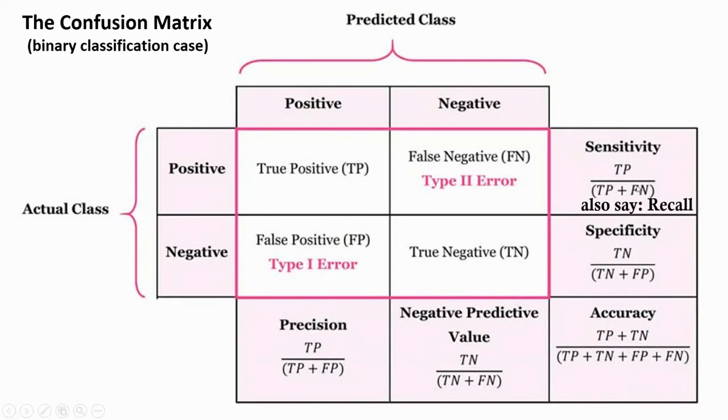See, sensitivity or recall is associated with your actual values, that is your denominator, and your true positive value, that is your numerator. This is sensitivity. This is also called recall. So suppose there are a certain set of positives in your classification or a certain set of red balls in your bucket.